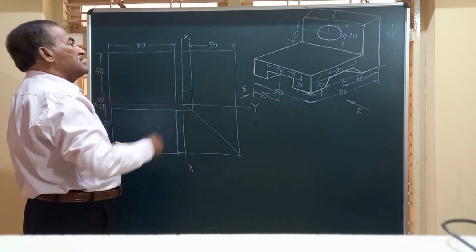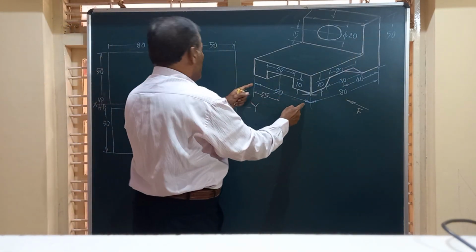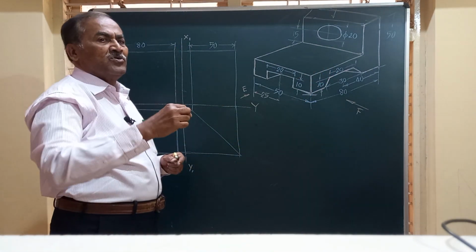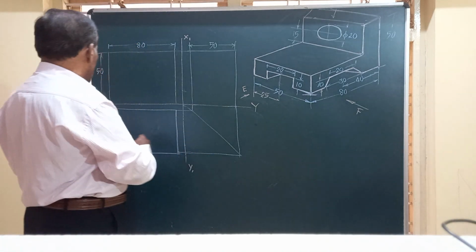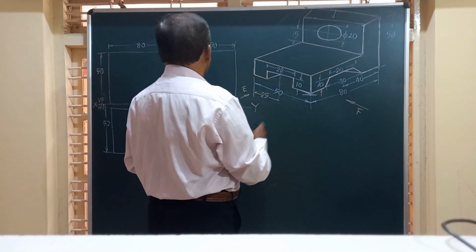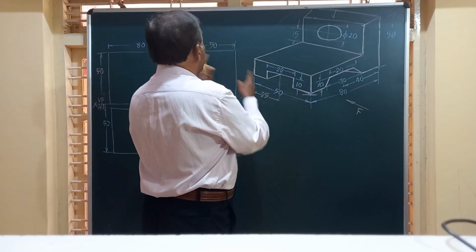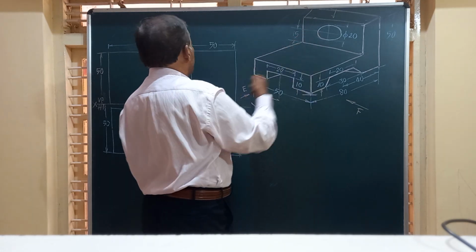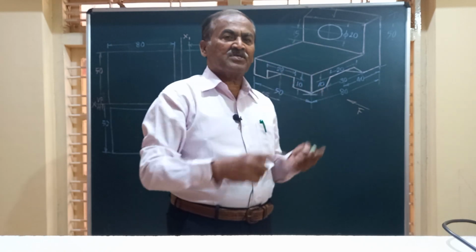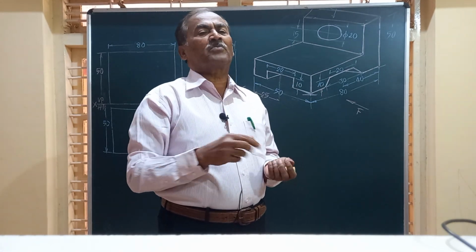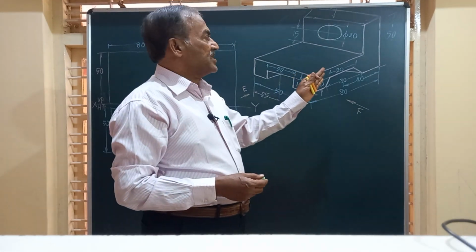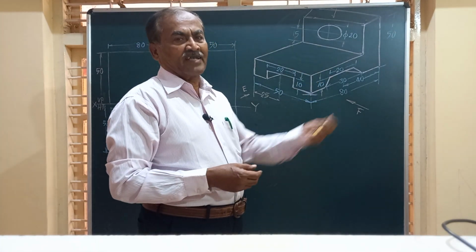Similarly, in the top view, the width is 50 and the length is 80, because in the top view, you can see the length and width. In the end view, it is 50 millimeter wide and the height is the same as the front view height, that is 80. So by marking these rectangles in the front, top and end views, it will be easy to draw the orthographic projections of a component like this.